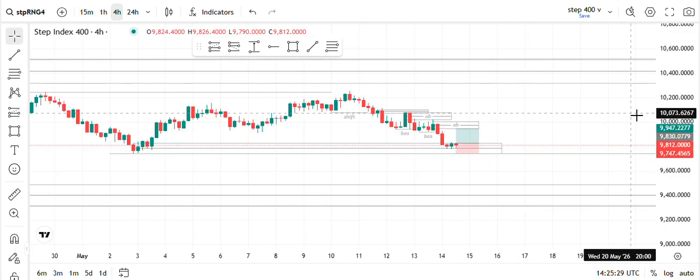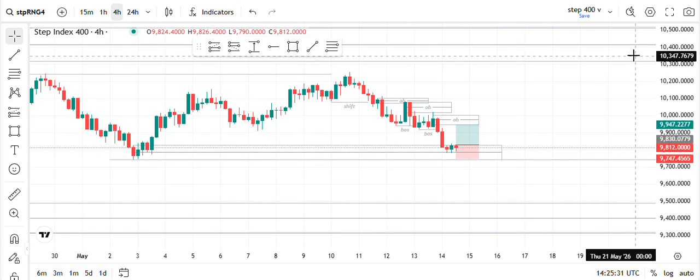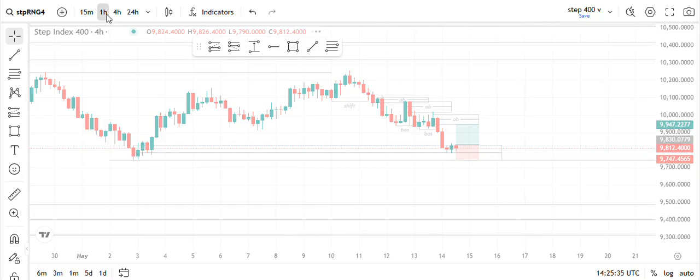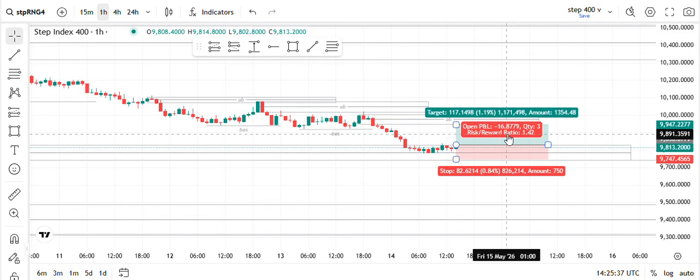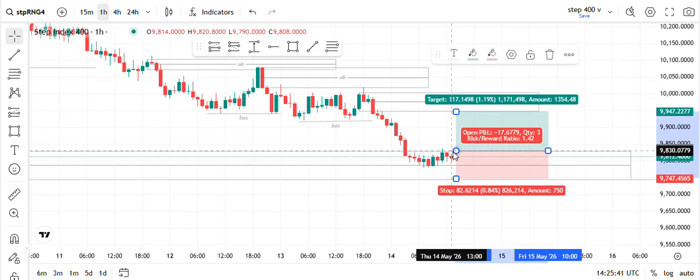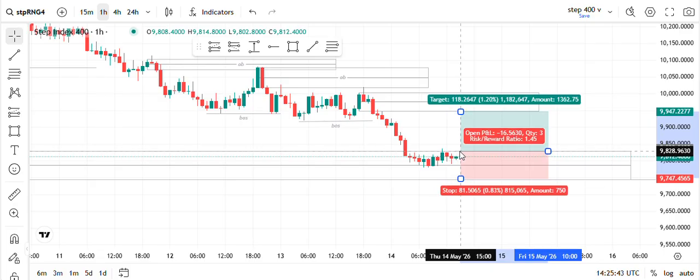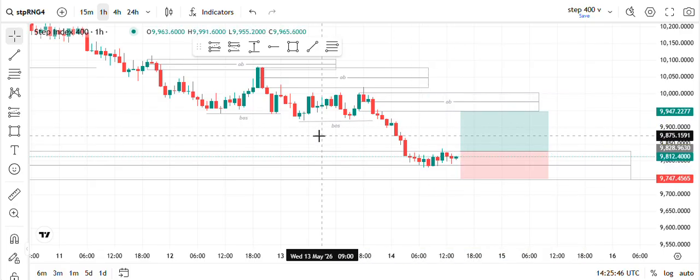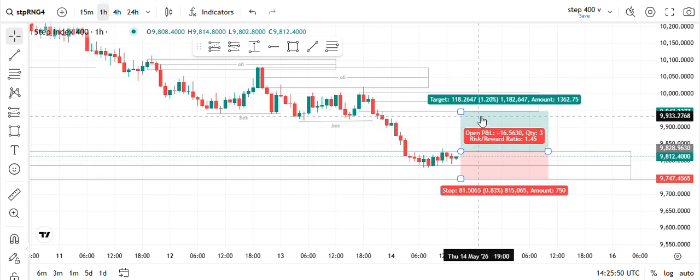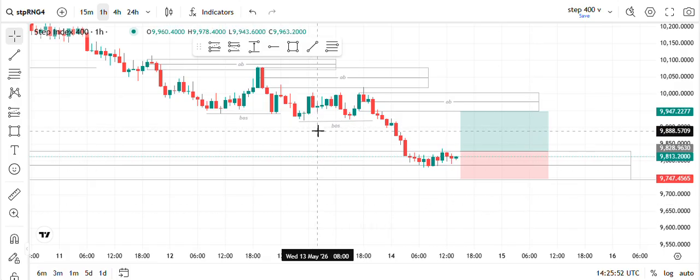Now to the 4 hours time frame. Yep. Oh, 1 hour. Yes, 1 hour time frame. So yeah, it might give us something like a shift, get up to there probably.